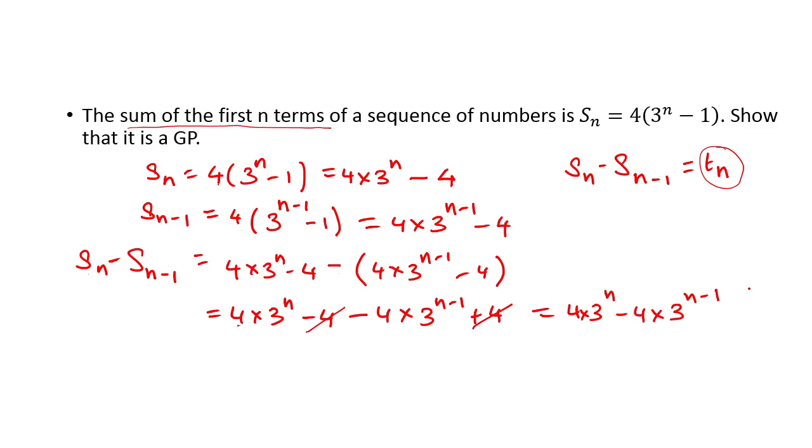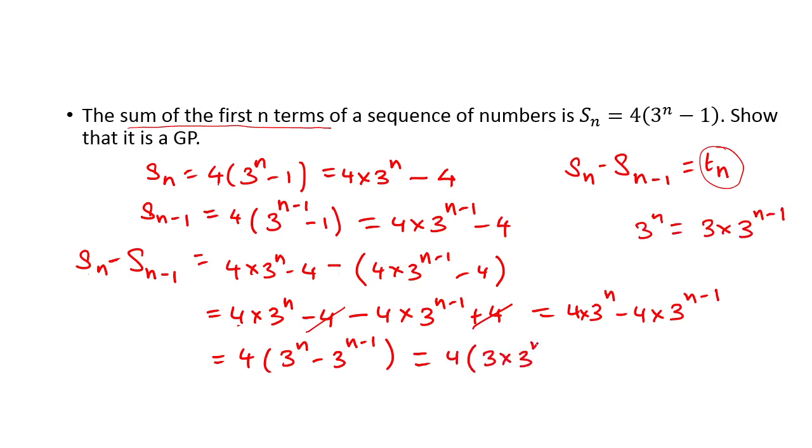So what I can do is, I can take 4 common from both of these. Okay, so 4 into 3 raised to n minus 3 raised to n minus 1. And I can write down 3 raised to n as 3 into 3 raised to n minus 1. So I have 4 into 3 into 3 raised to n minus 1 minus 3 raised to n minus 1.